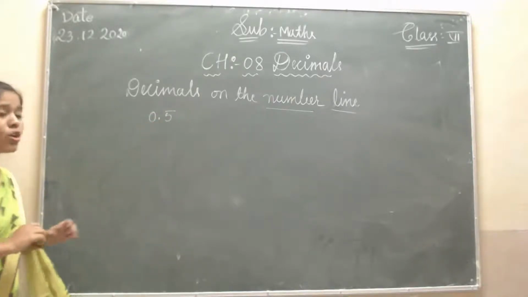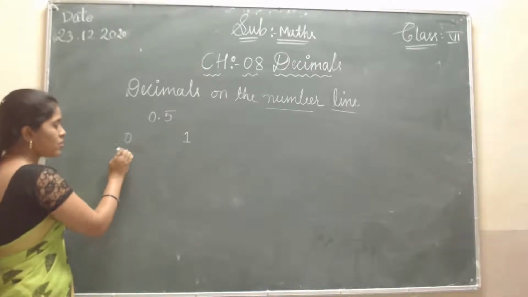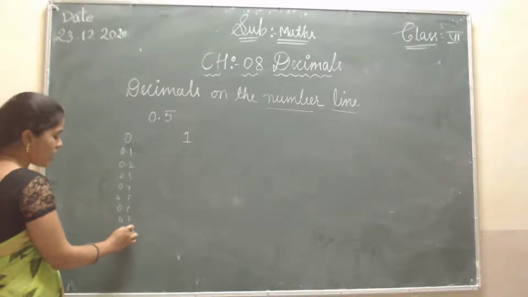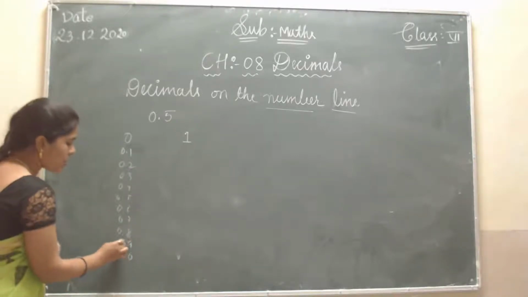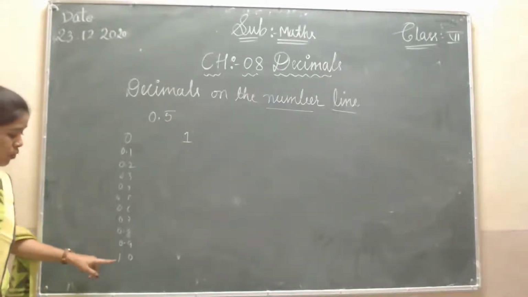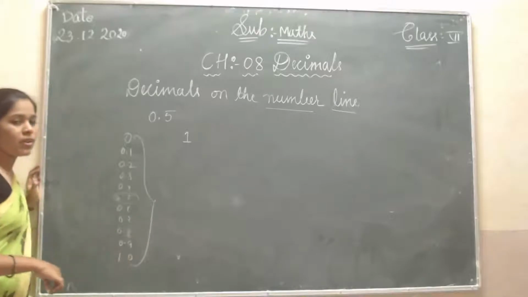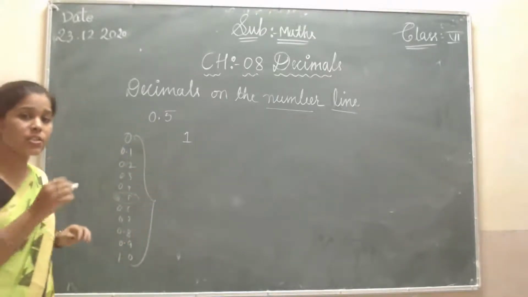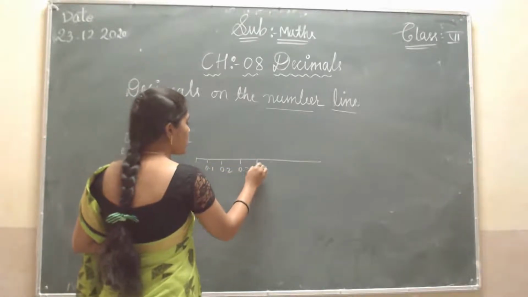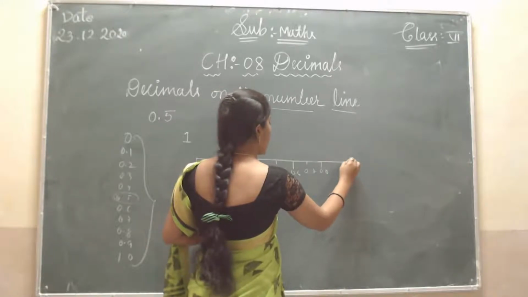Let's take 0.5. So 0.5 comes between 0 and 1. After 0 comes 0.1, 0.2, 0.3, 0.4, 0.5, 0.6, 0.7, 0.8, 0.9, and after 0.9 comes 1.0, which is nothing but 1. So we draw a number line with 0 and 1, marking 0.1 up to 0.9, and last comes 1.